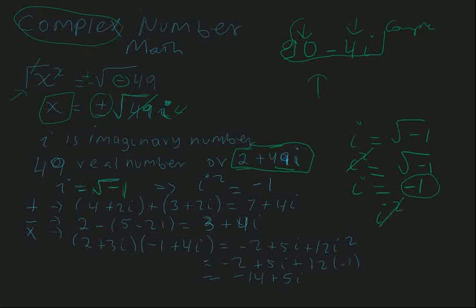Sorry, let's say you have i equal to the square root of negative 1, right? So you don't want this radical. You just want the negative 1. So what you're gonna do is you square the i. When you square the i, you have to square this one too. Then you're gonna have i square and this square.